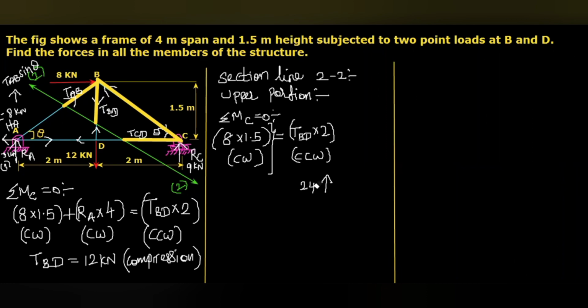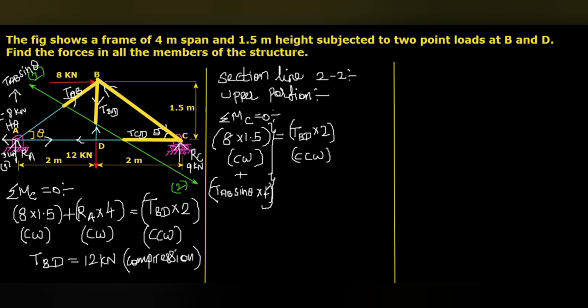Here counterclockwise is more than the clockwise. So moment made by the TAB sine theta multiplied with 4, that should be added on left hand side. Okay, so I'm going to add that value on left hand side, plus 8 into 1.5, that value, plus TAB sine theta multiplied with the value 4.